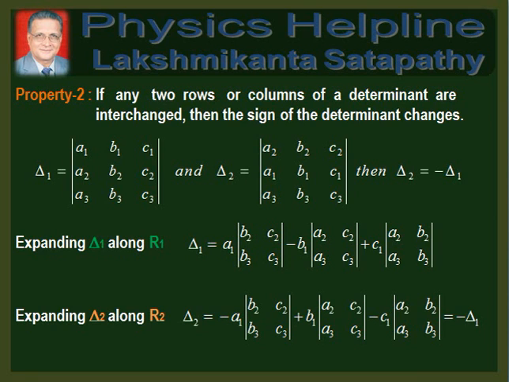Now we will expand delta 1 along R1 and delta 2 along R2. We observe that the signs of each term of delta 2 are opposite of the corresponding terms of delta 1. Therefore, we have delta 2 is equal to minus delta 1.